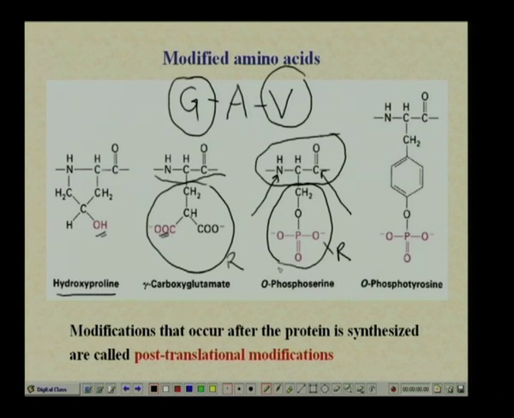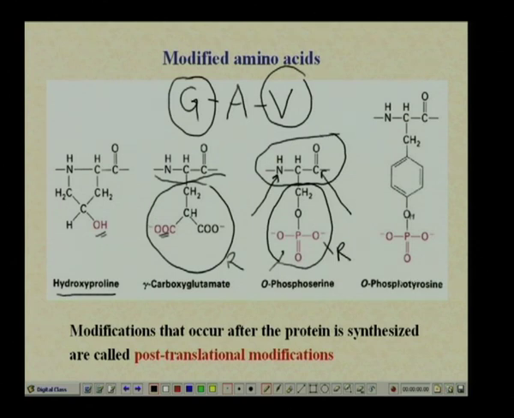We can have phosphoserine where the phospho is attached here, the phosphate group instead of the OH. We can have phosphotyrosine. Tyrosine, remember, is one of the aromatic amino acids that we studied the last class. What are the other two? They are phenylalanine and tryptophan. Okay? And so, what do we have here? Instead of the OH that we would have for tyrosine, we have the phosphate attached to it. So, it is now phosphotyrosine.